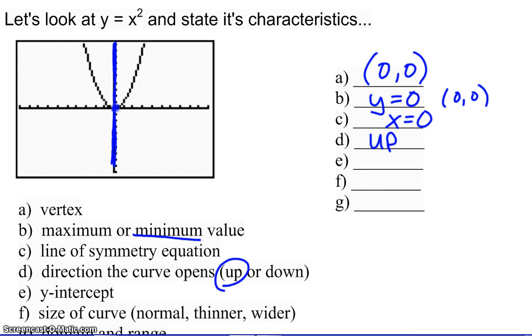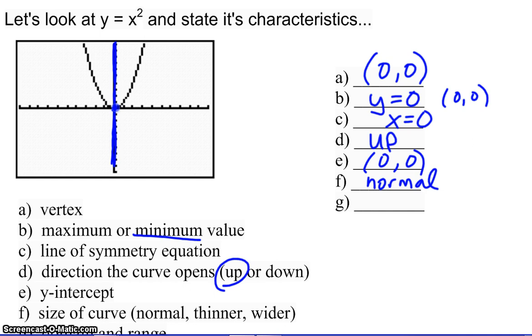The y-intercept is the point at which it touches the y-axis, which also happens to be the origin. So the y-intercept is 0, 0. And then the size of the curve. We've talked about how the numbers outside right next to that x squared will make it go up faster, so it'll be a little thinner, or spread it out to be a little wider. Well, we have no number out there, so this is just a normal curve.